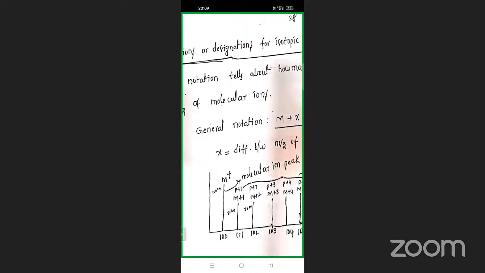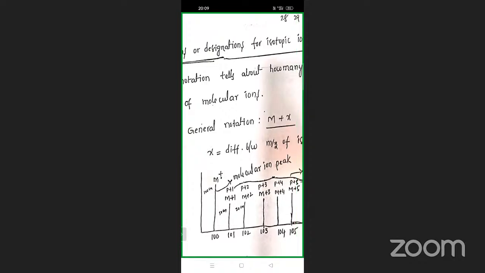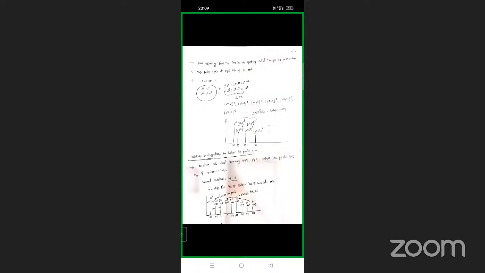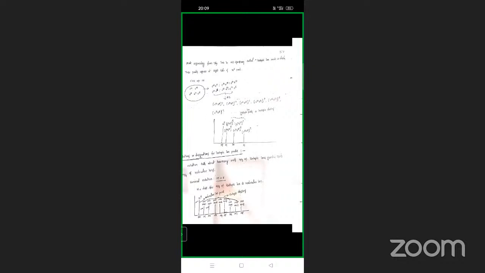Okay, so the isotopic peaks are never found on the left side. You can assign the isotopic peaks like M+2, M+4, M+6, M+5, like that.